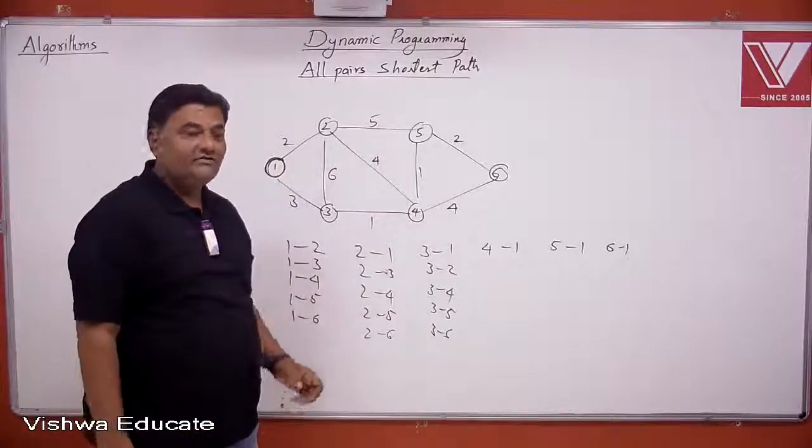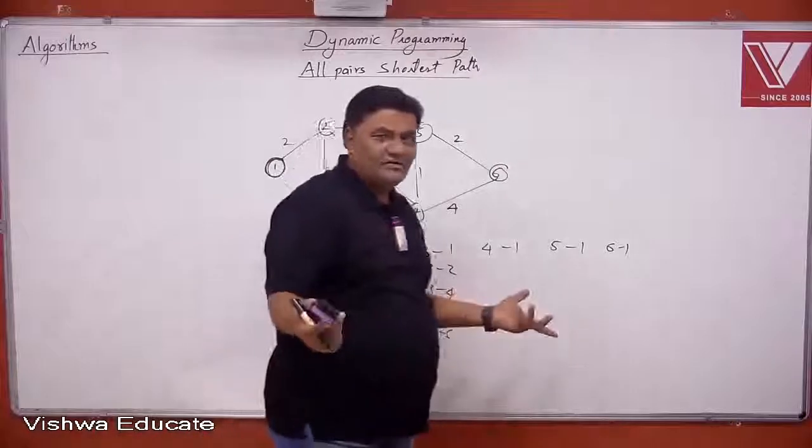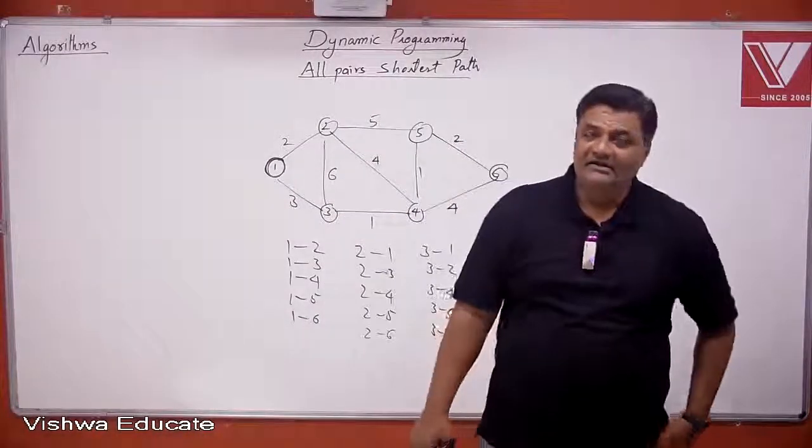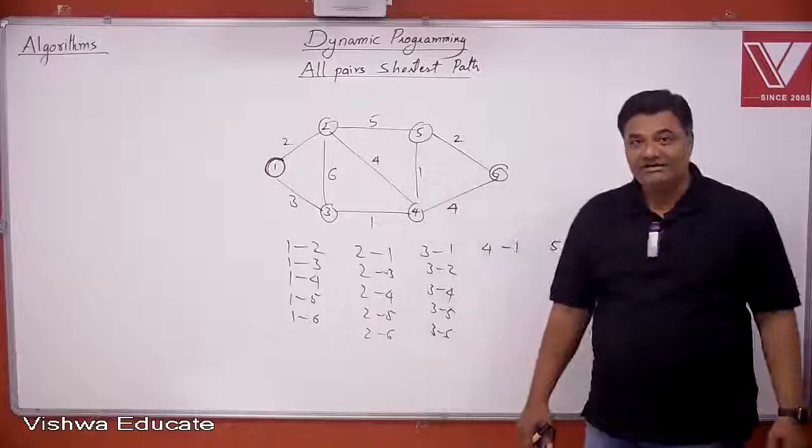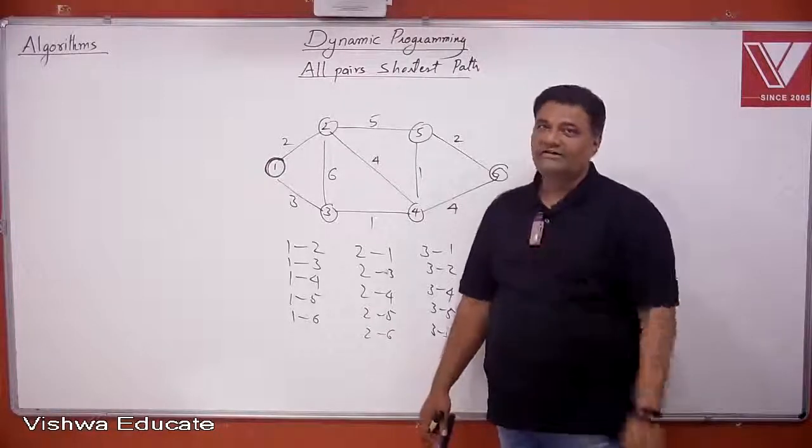This is the meaning. So in a graph, directed or non-directed, whatever the graph is, we want to find the shortest path between every pair of vertices.